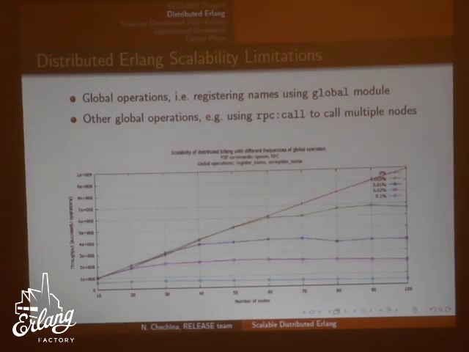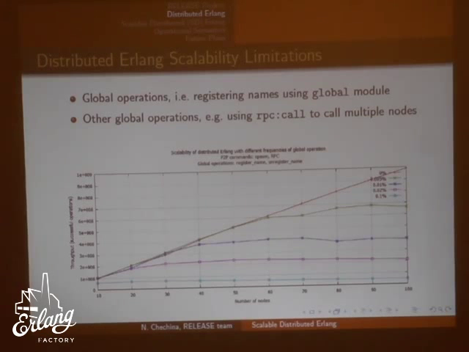And it's not only about the global module, because you can say, well, not that many actual applications use global operations. But RPC is also another example where we use global operations. Another thing I want to stress here is that I will talk about nodes, and by node I mean an Erlang VM. So how many Erlang VMs can work together?